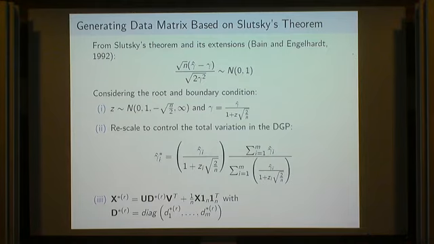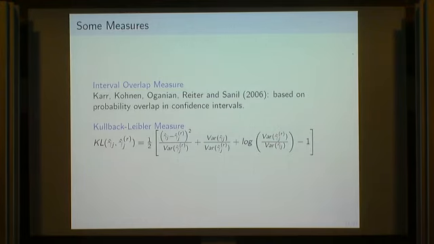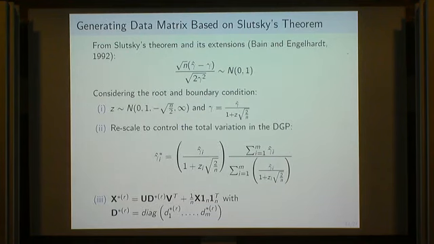So we can compare the estimated parameter with the population parameter to compute the utility. The simplest way that we did is we use the interval overlap measure that computes the probability of overlap of two confidence intervals. And we can also compute some other measures too, because we know the distribution here.